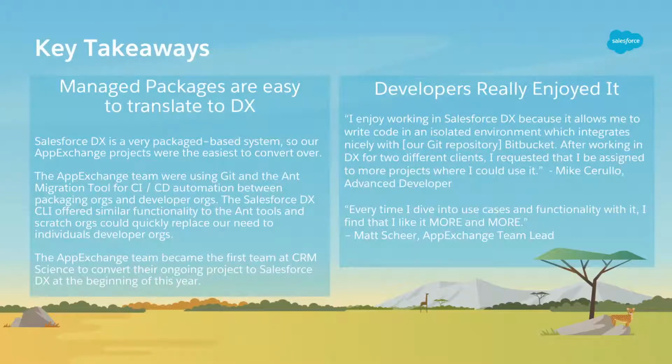So we found that really the Salesforce DX CLI offered pretty much all the functionality that we were getting from the AMP migration tool, so we were able to easily replace that in our existing scripts. And also, we were able to easily replace those developer orgs with Scratch orgs. And again, Scratch orgs are a lot easier to spin up and maintain than developer orgs. So that was a real bonus there.